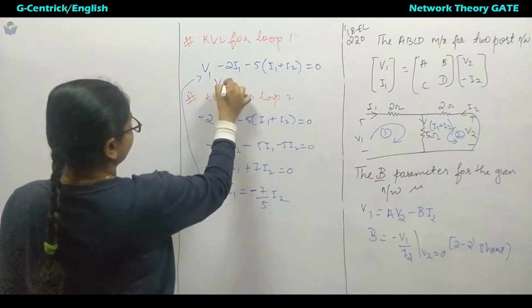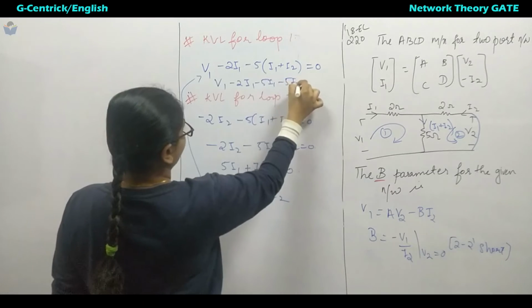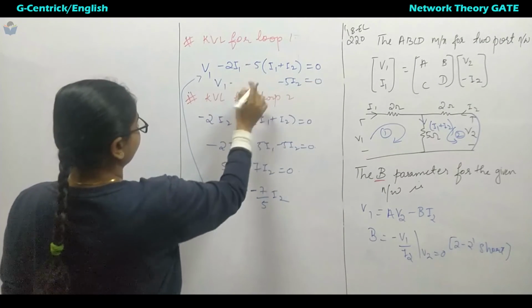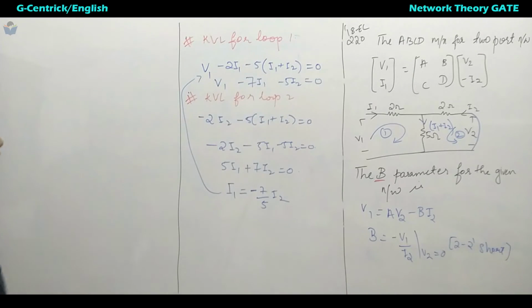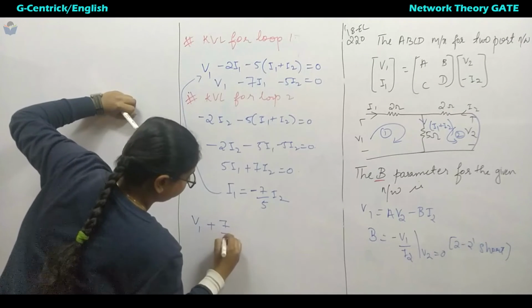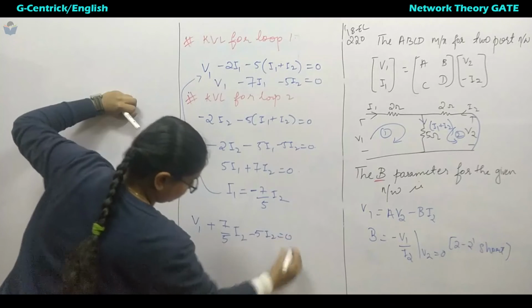When you simplify again, you will get V1 minus 5I1 minus 5I2 equal to 0. Minus and minus will be plus, so I'll put this one over here: V1 plus 7 by 5 I2 minus 5I2 equal to 0.